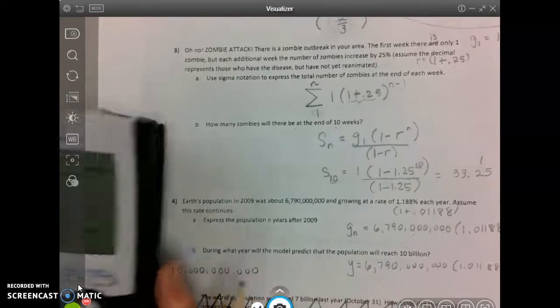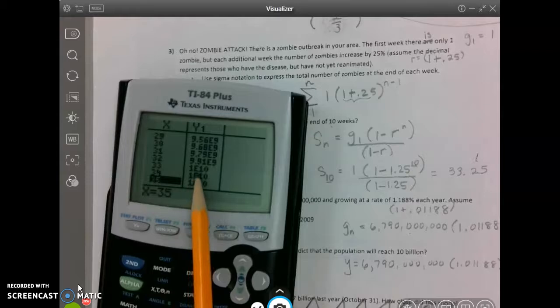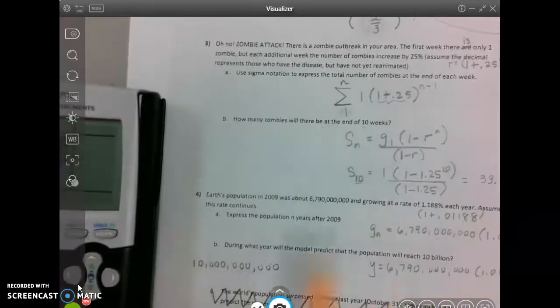So let's look for that in the calculator. There we go. Or just 1 times 10 to the 10th. So let's see. 1, 2, 3, 4, 5, 6, 7, 8, 9, 10.